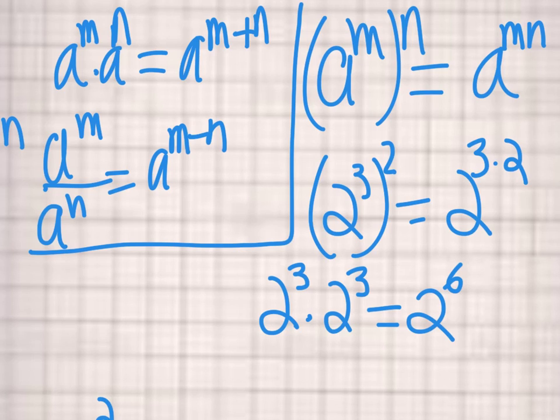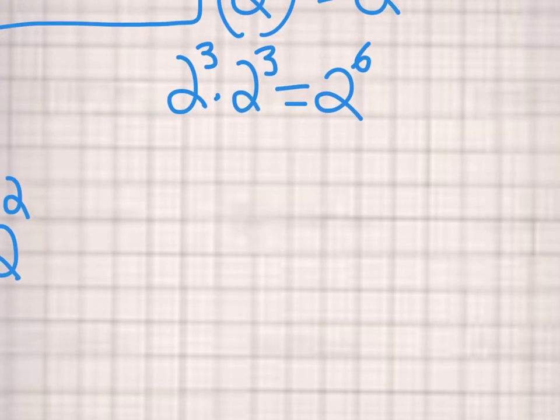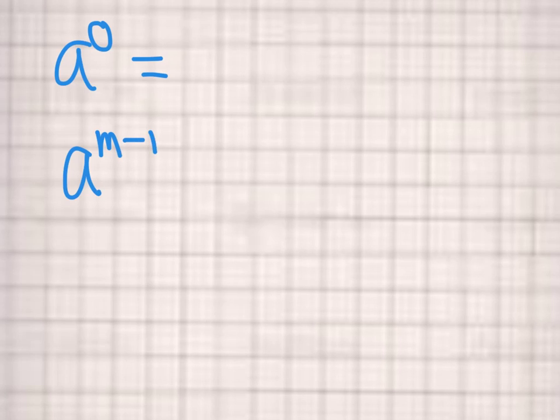Okay, next up. What about if we get a to the power 0 equals what? Okay, now let me ask you a question. In order to get 0, what about if I replace a to the power m minus n by a to the power m minus m?